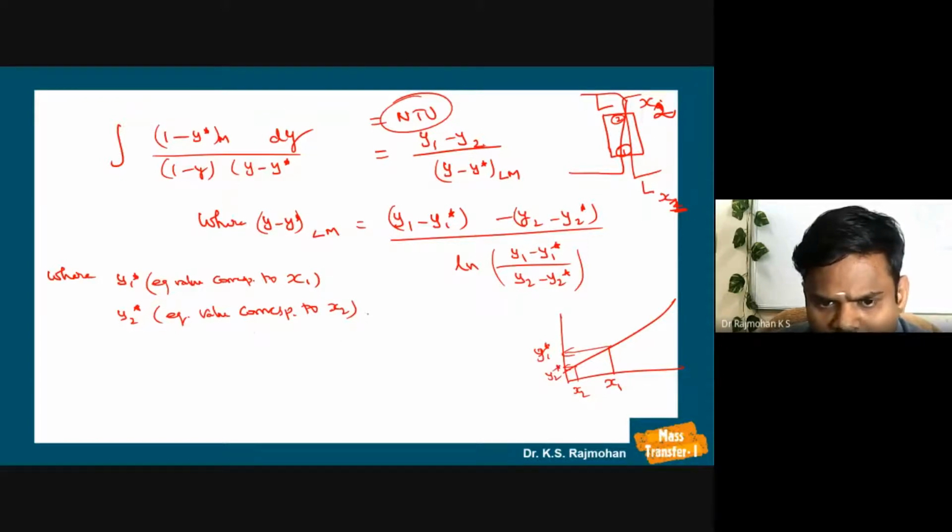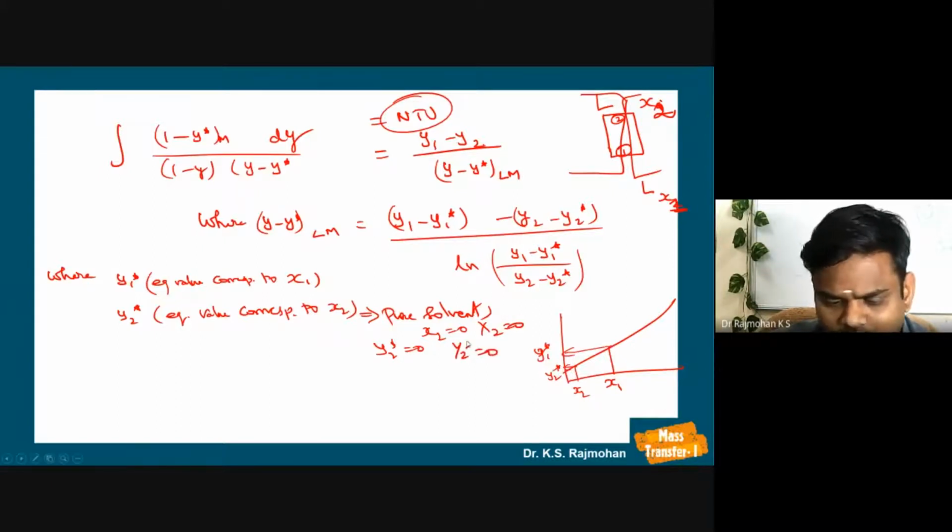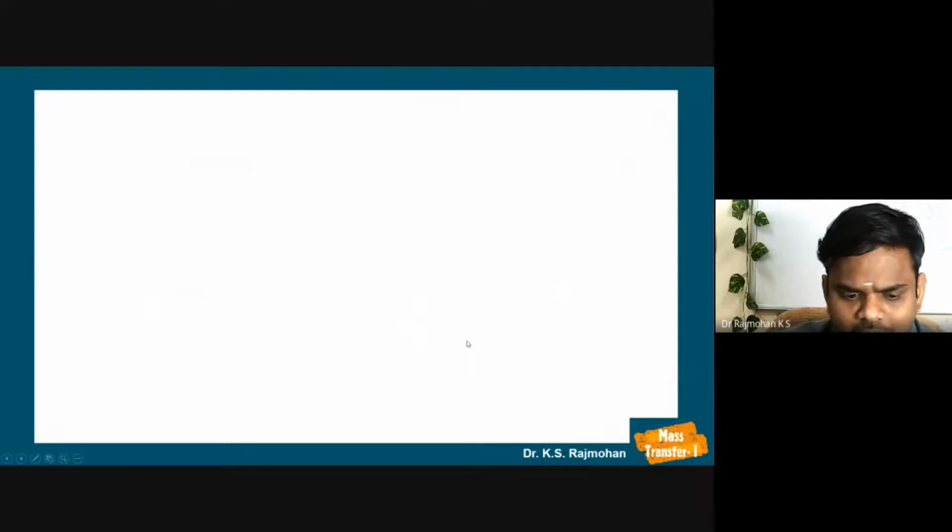Particularly, if it is pure solvent, we will get y2 star equal to 0, because pure solvent means the mole fraction x2 is 0. Obviously capital X2 is also going to be 0, so your small y2 star or capital Y2 star will be equal to 0. These concepts we will be making use of in this problem.